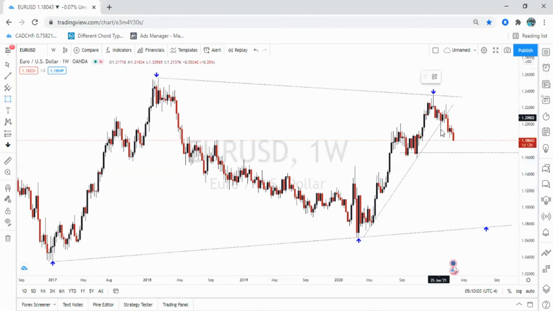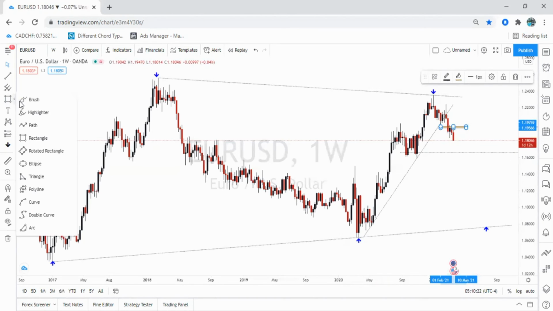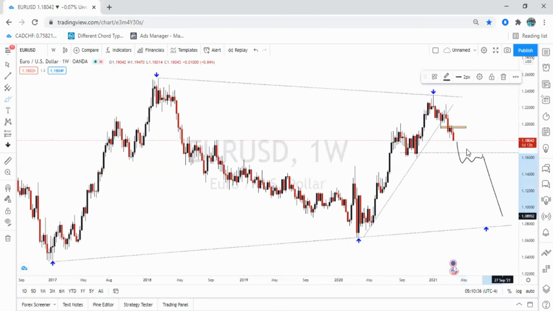And the market found support here. Now the market retested this level as resistance. And according to our higher time frame, we should break through this level and then enter. This is what we should be expecting according to what we saw on the higher time frame.